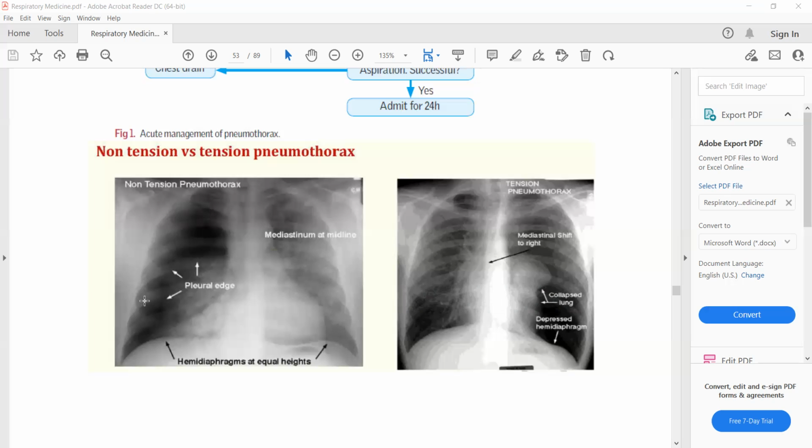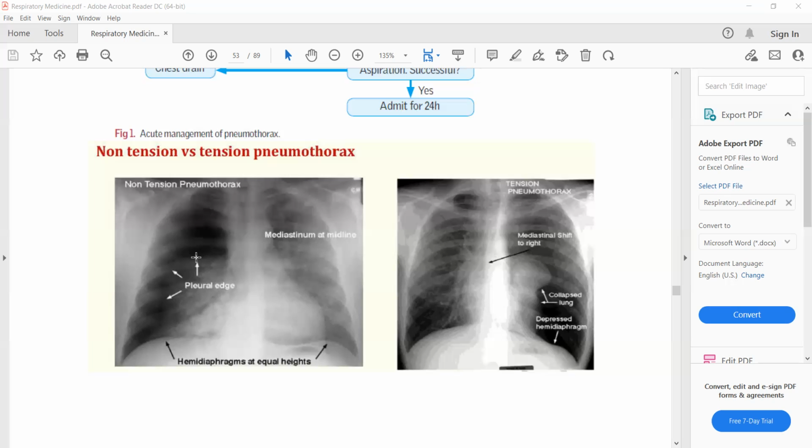this lung is jet black and there are no lung markings present on this side of the chest X-ray. And you can see a clear boundary between this black area and this white area.